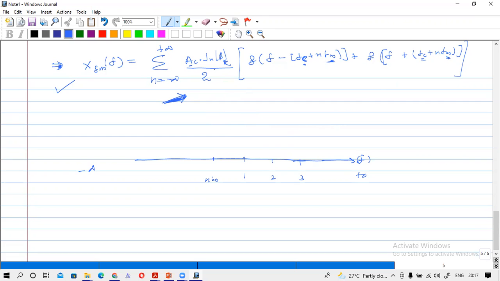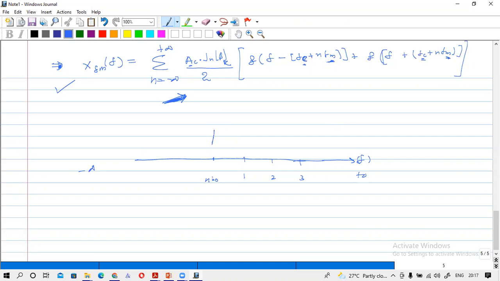For n equal to 0, you can see that this is AC J0(beta), with beta equal to 2.5.